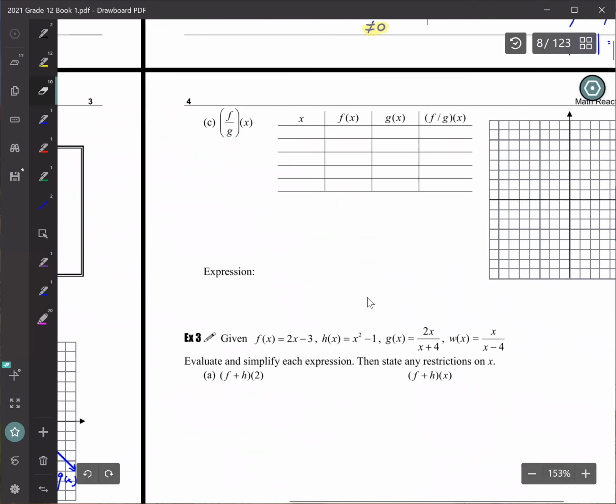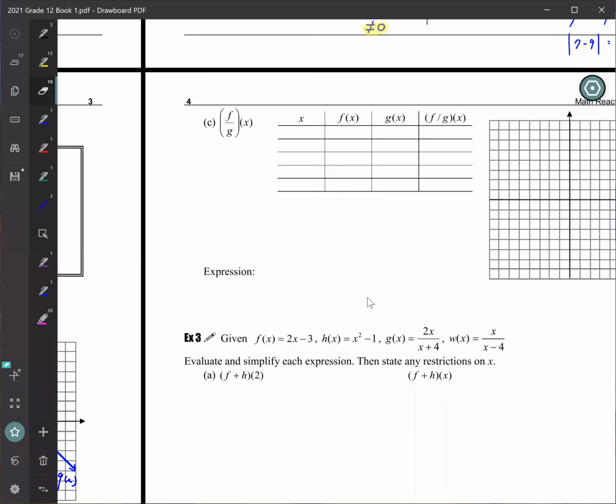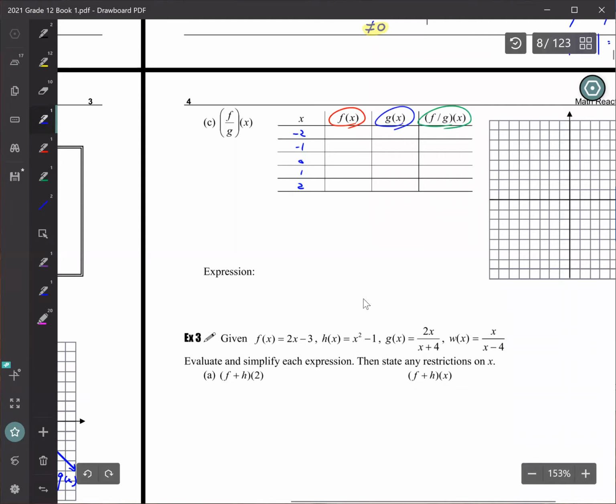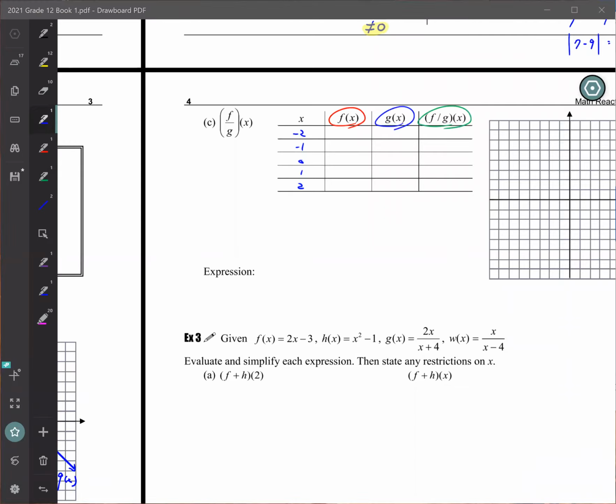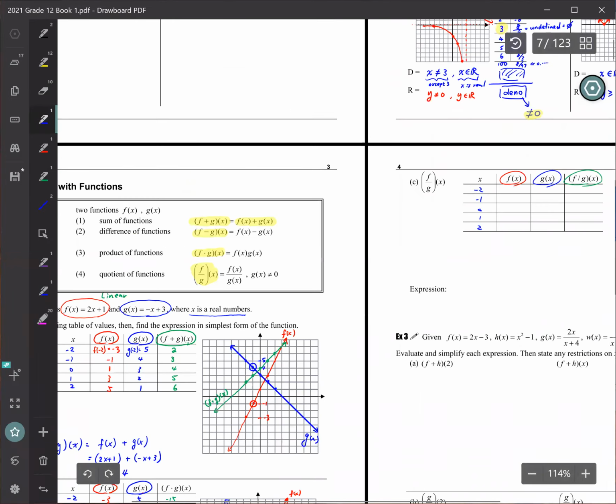So we are still using the same functions. That's why I asked you to copy them. F is this one again, G is the blue, and the division, the resulting one, is the green one. Same thing, we're going to copy both functions down.